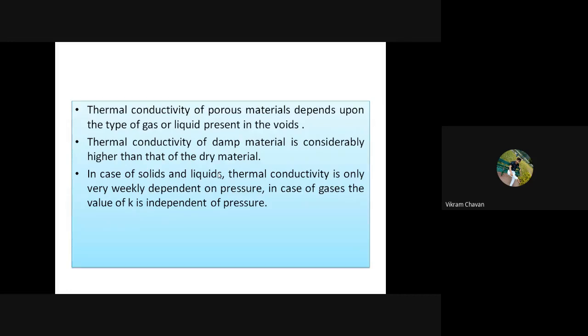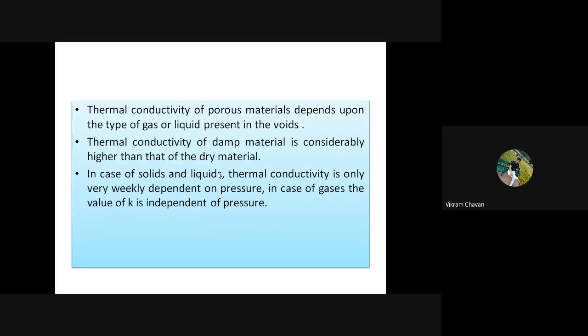Okay, and those holes are called voids. And the thermal conductivity of porous materials depends upon the type of gas or liquid present in the voids.